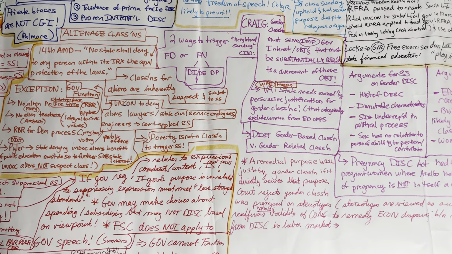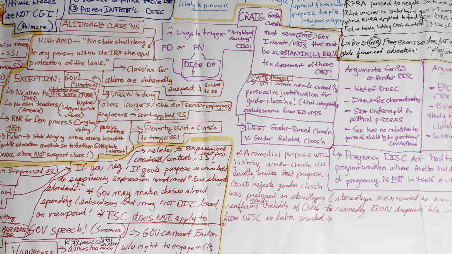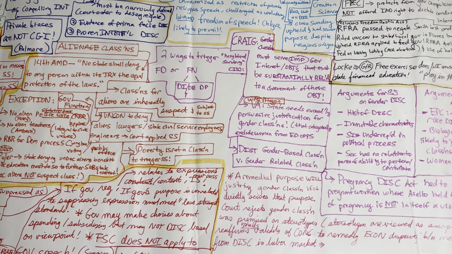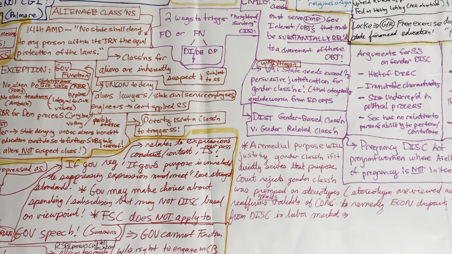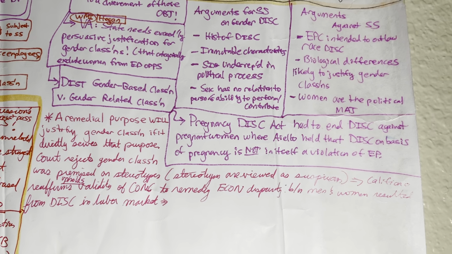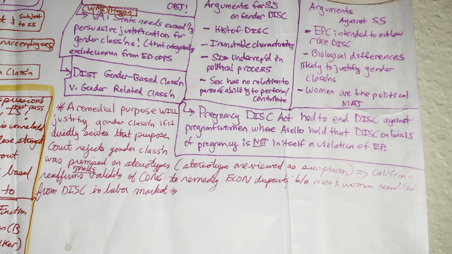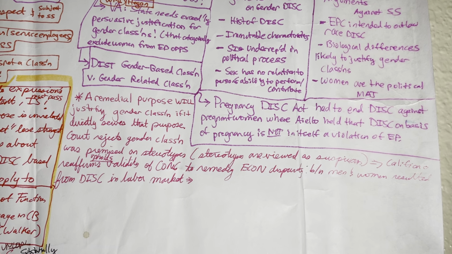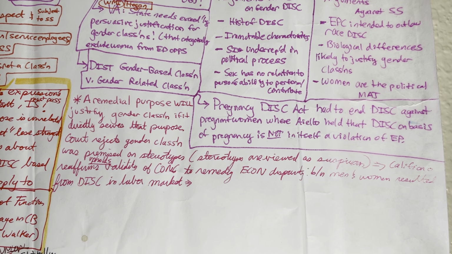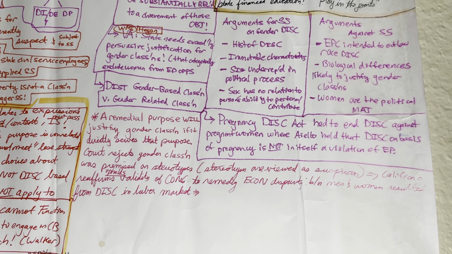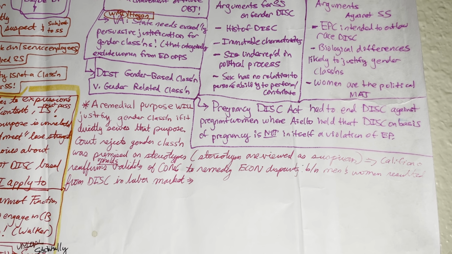And so we distinguish gender-based classifications versus gender-related classifications. We said that the Pregnancy Discrimination Act had to end discrimination against pregnant women, where that case held that discrimination on the basis of pregnancy is not in itself a violation of the Equal Protection Clause.